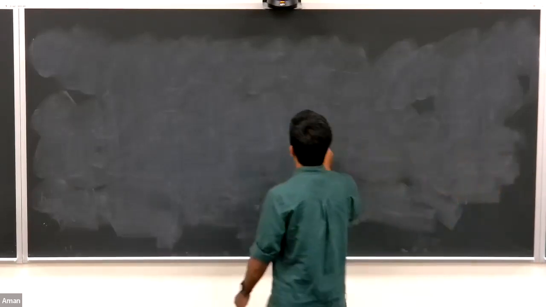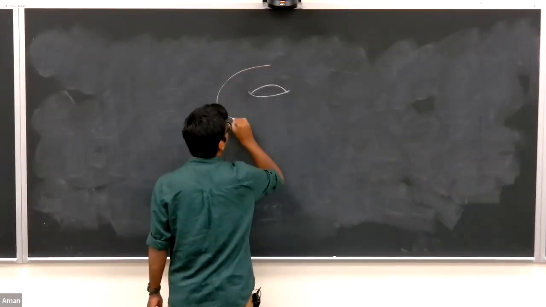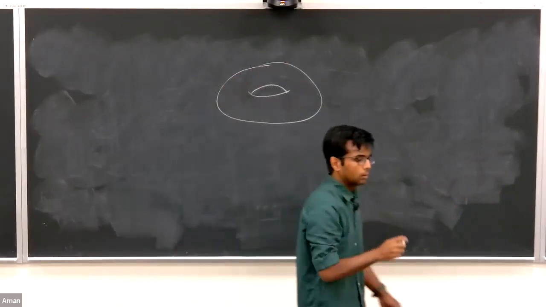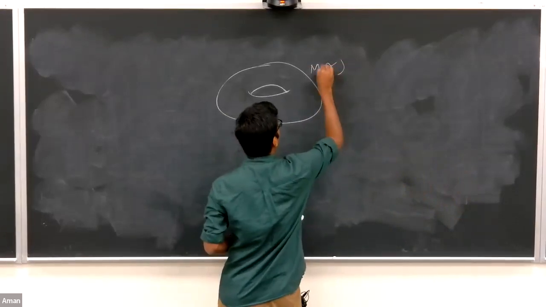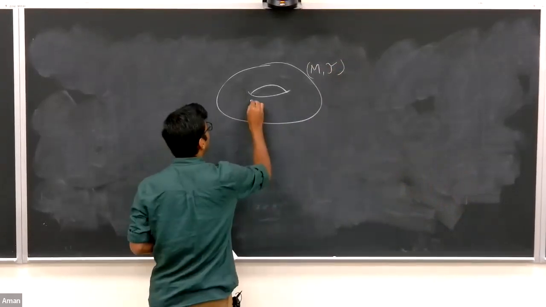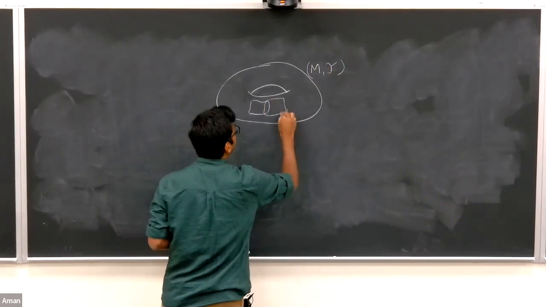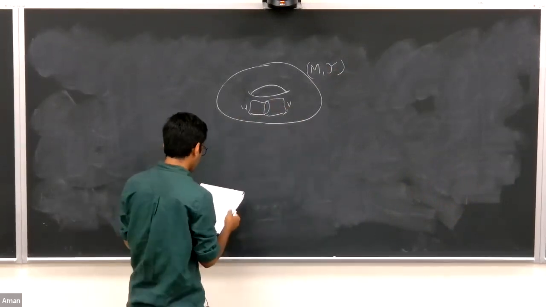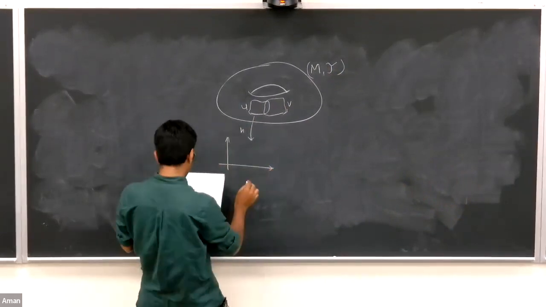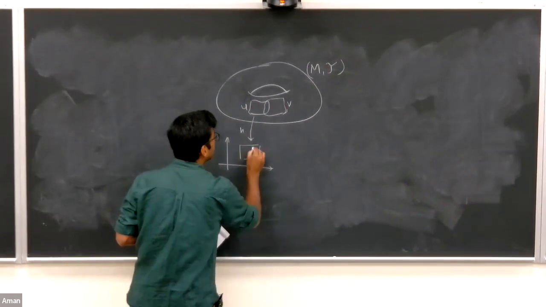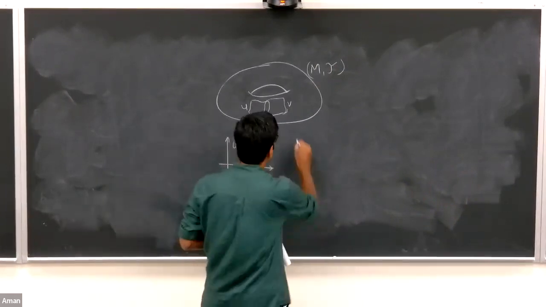Okay, so I'm drawing the overlap diagram again because it will be used in this example. H maps this to Euclidean space, this, and let's say this is the overlap. It's V and k.